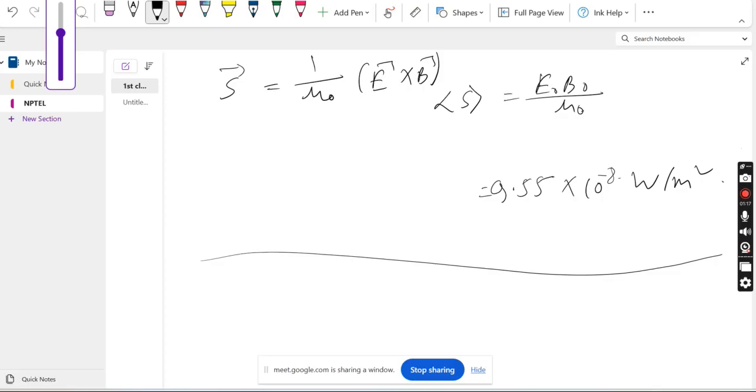Those are examples where you are given the electric field, and you can reduce it to the magnetic field. If the magnetic field is given, you can get back to the electric field.